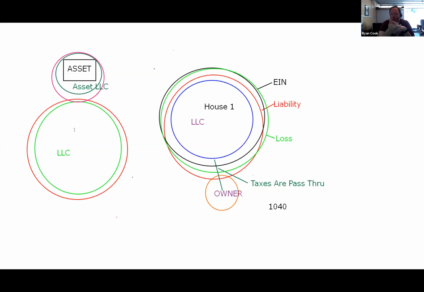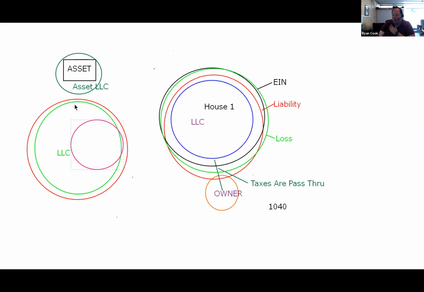Okay, but Lisa, let me ask you this. Do you understand where I put the circle of the liability there, the red circles, the liability for each thing? If I take the asset and I don't give it its own asset LLC, all of its liability then falls here because I'm moving it here.